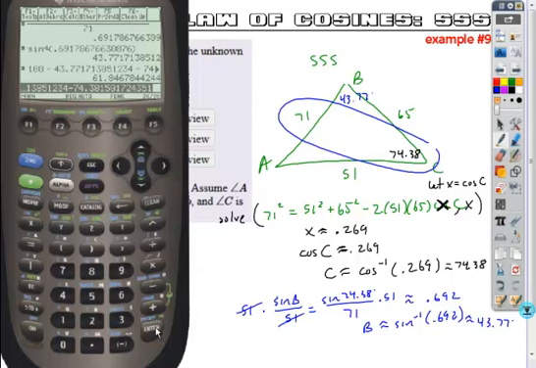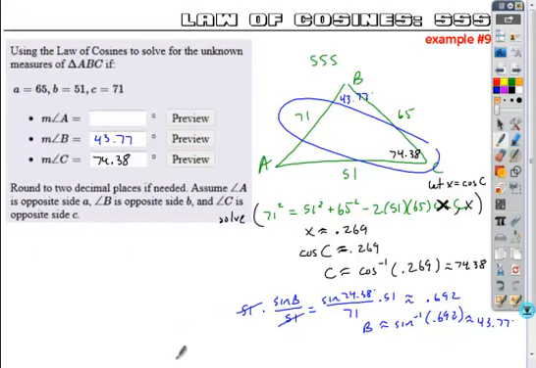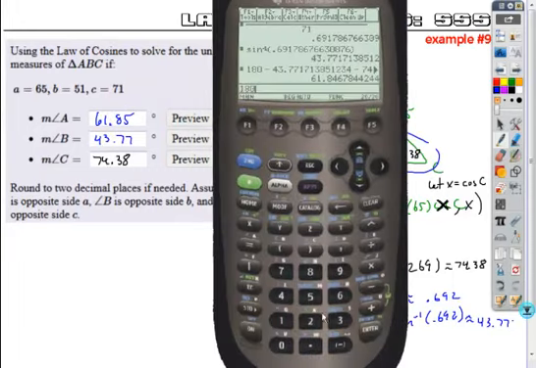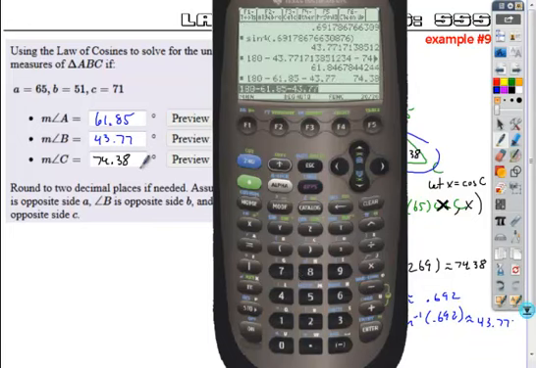If that's the case, there should be a little bit of leeway on missing by 0.01 type of thing. But you can see here, this is going to be 61.85. If you added all three of those together, it is going to be 180. And you can see the 74.38 would be my last one.